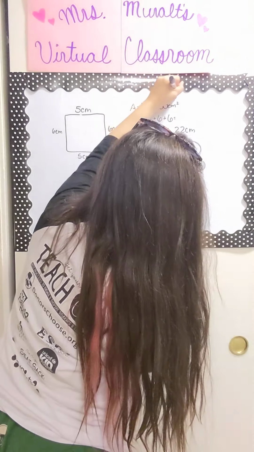So just like before, to find the area, we multiply length times height. Well, 15 times 2, while it's not a basic fact, we do know that 15 plus 15 equals 30. So 15 times 2 equals 30.